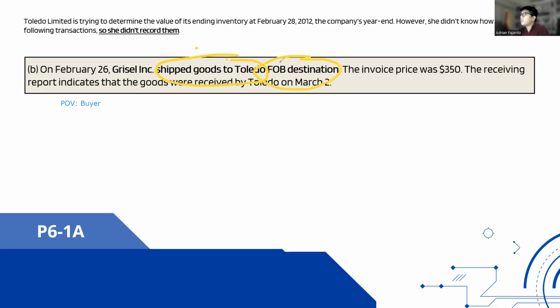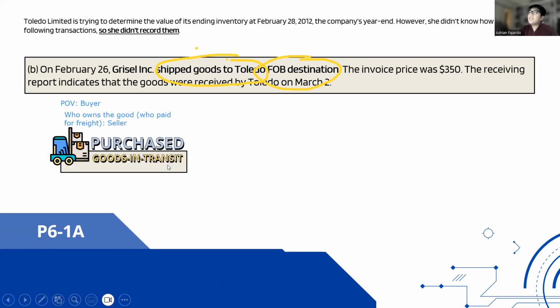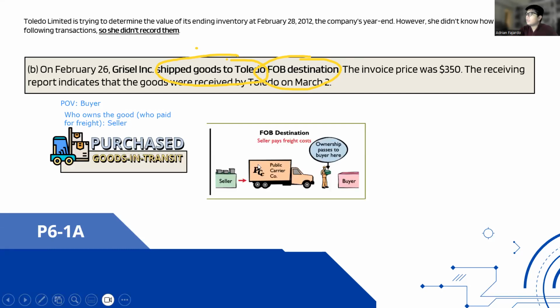FOB destination. Who pays for FOB destination? SDP. So, who owns the goods? So, sino nagbayad? Who paid for freight? Dahil SDP, it's the seller. So, in summary, what do we know about this? This is a purchased goods in transit.